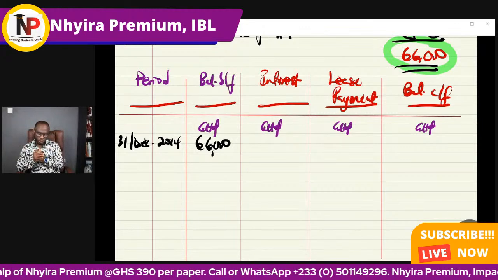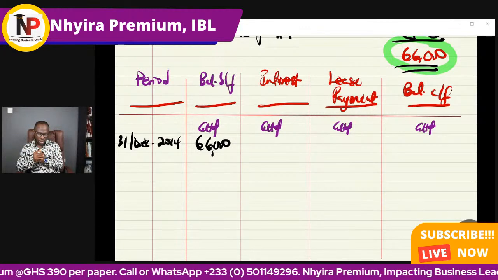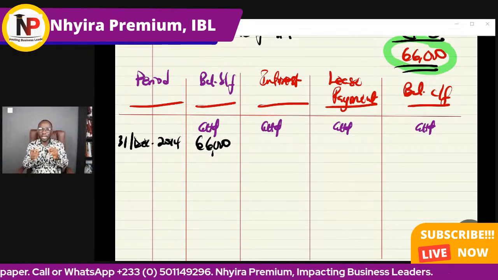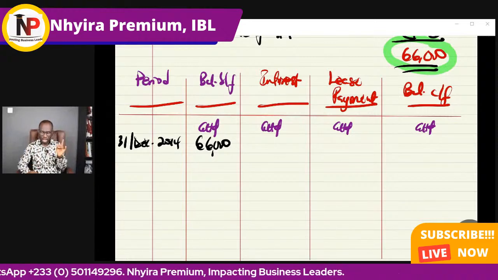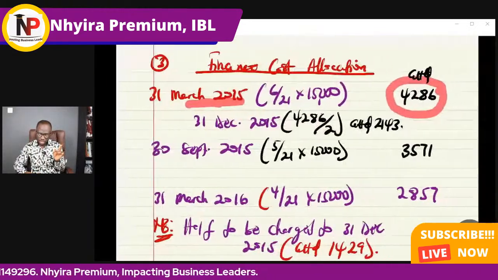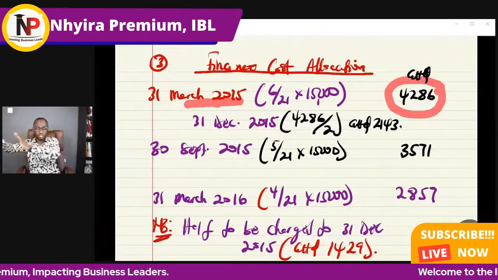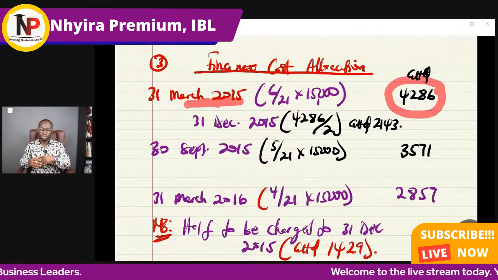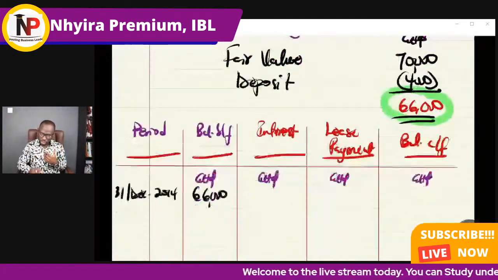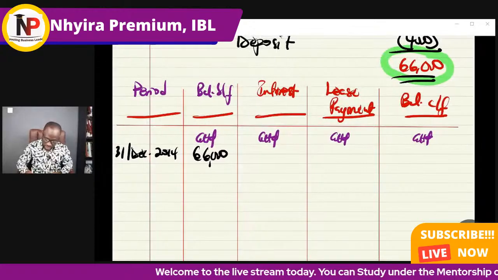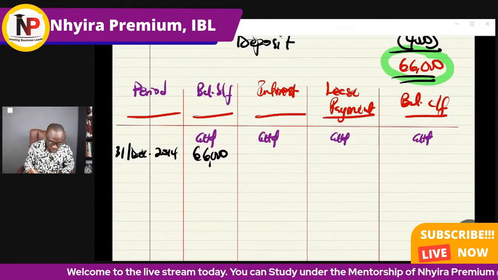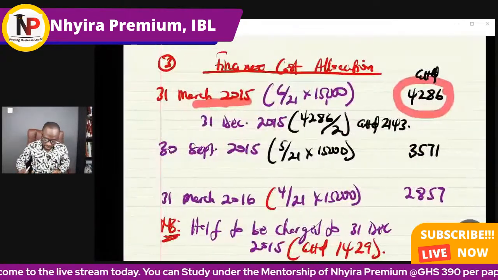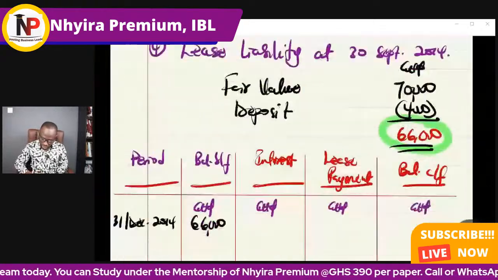Then what is going to be happening is that the interest, as at 30th December, how much interest is outstanding? Remember, I told you that the first interest we calculated is for a whole 6 months, but we split that into 2, and we are going to be charging part of that for 31st December. So that is going to be from our workings here, 2143.